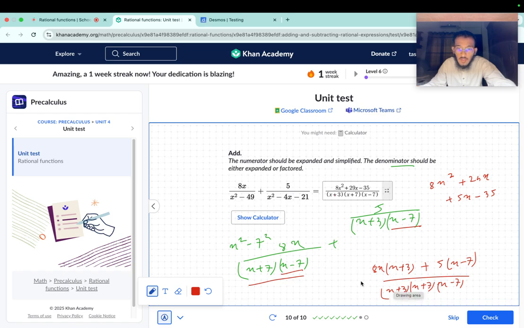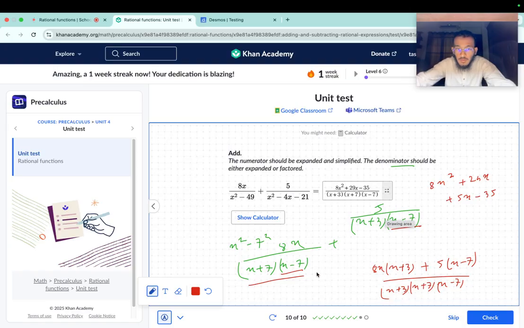When we take the LCM, we take x minus 7 once, x plus 7, x plus 3. And 8x should be multiplied with x plus 3, and 5 should be multiplied with the things that are not already present. Oh, here is the mistake.